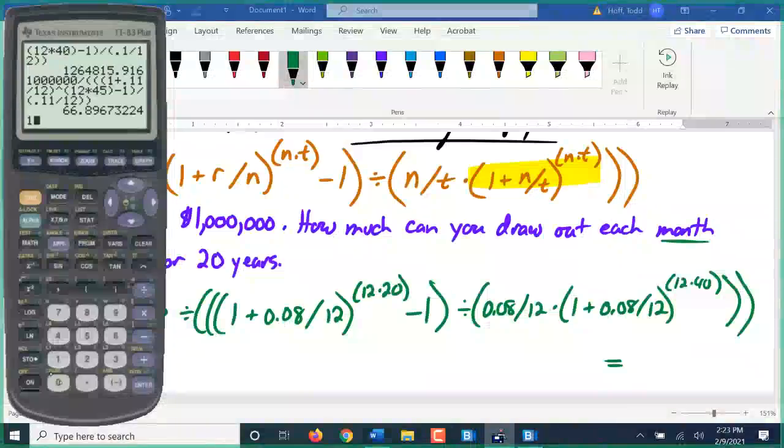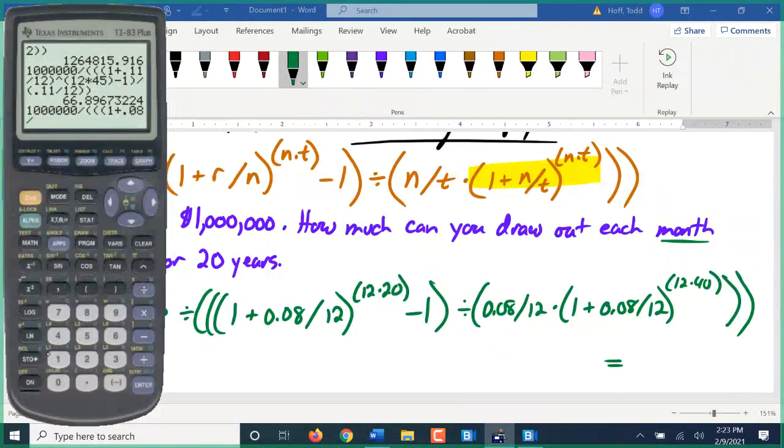Let's punch that in. Our $1 million divided by 1, 2, 3. 1 plus 0.08 divided by 12, close to the power of 12 times 20, close parentheses.